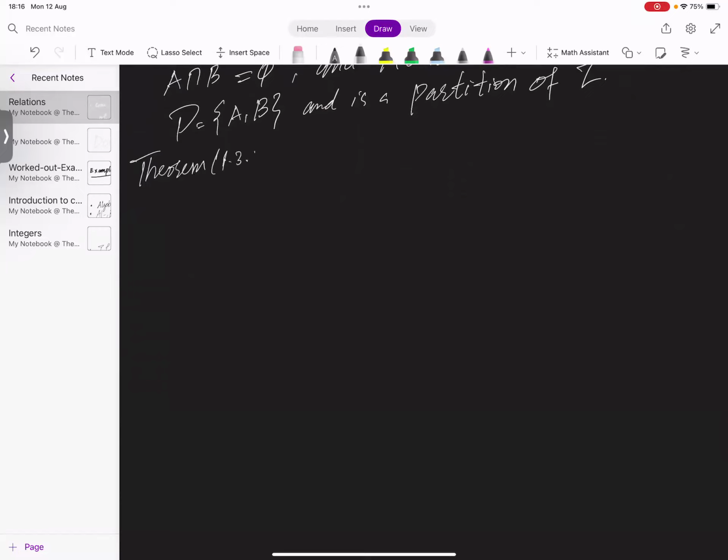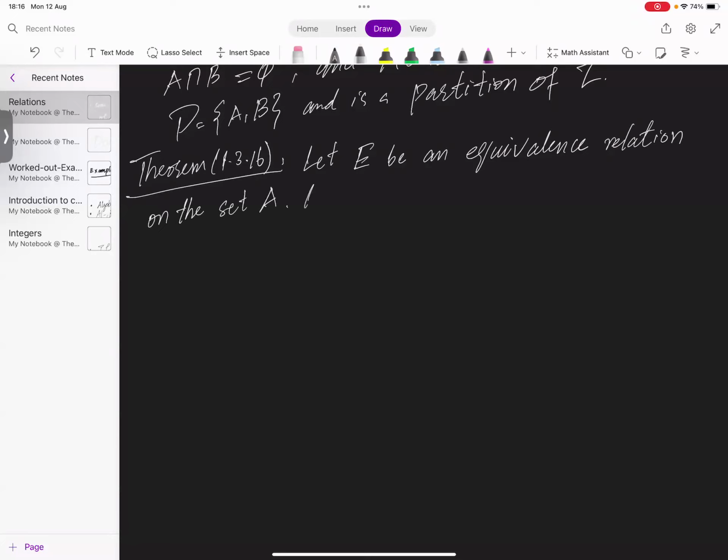Theorem 1.3.16 says, let E be an equivalence relation on the set A, then P, the collection of all the equivalence classes for all the elements inside the set, is a partition of A. So the equivalence relation for set A and the partition are very related.